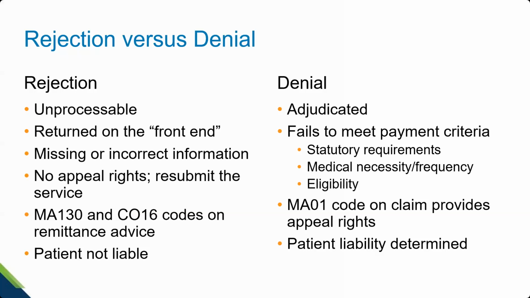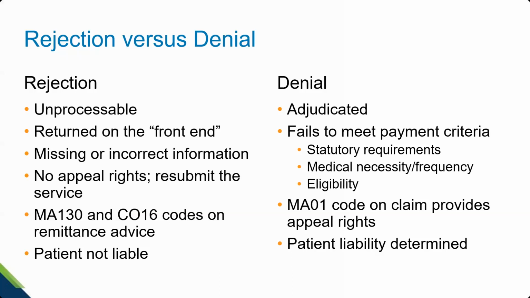In those cases, if something's denied as not medically necessary or denied due to frequency, those are the situations where you would need to consider presenting your patient with that advance notice of non-coverage, or the ABN, as we used to call it.